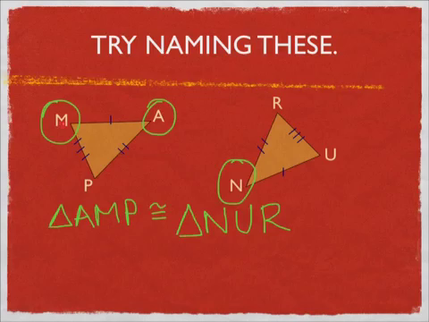Point M here is in between the side that has the 3 hash marks and the 1 hash mark. Do you see that? I know it's hard. I wish I could change the color of my pointer. So I've got 3 hash marks here, 1 hash mark here. When I go over to this triangle, I need to look for where I have the 3 hash marks and the 1 hash mark.